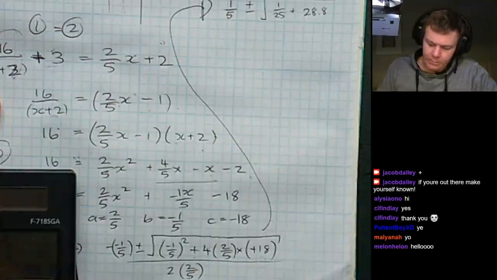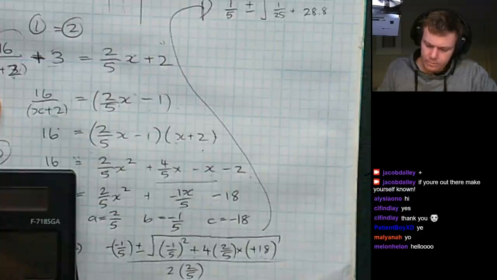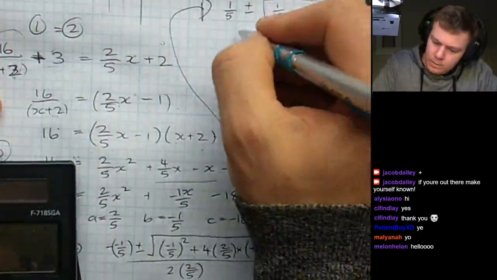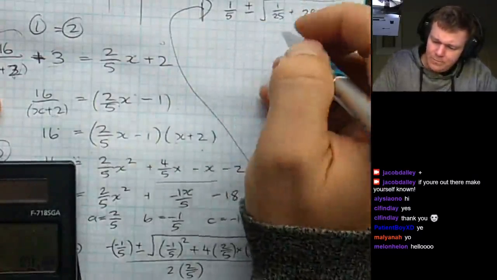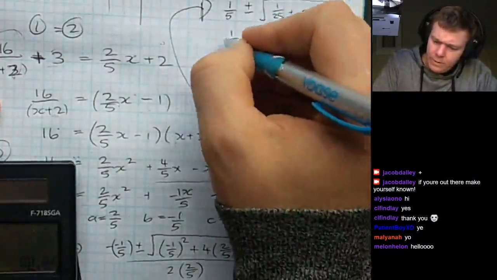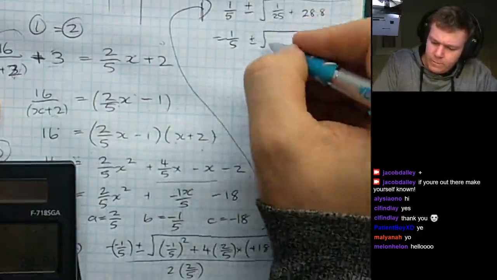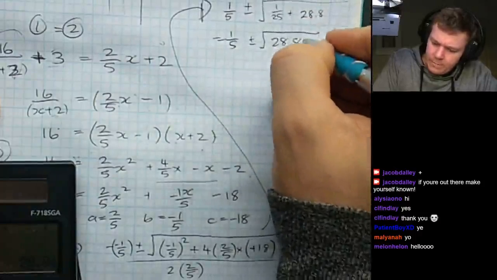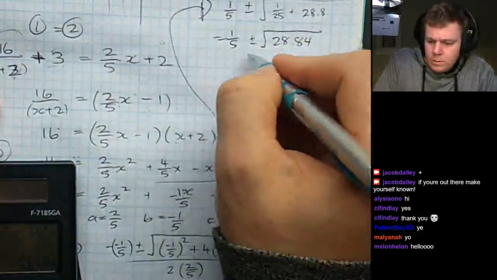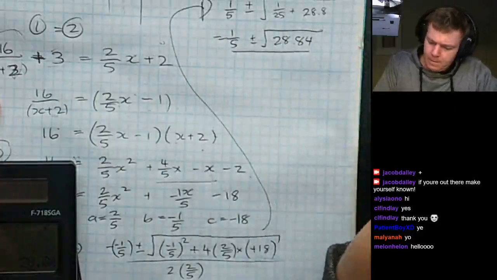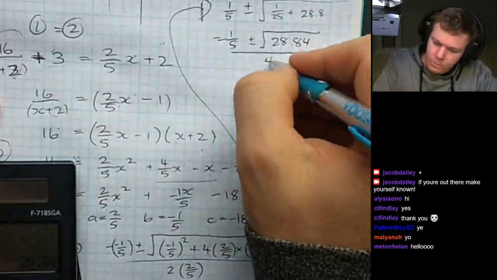So really this is 1/5 plus or minus the square root of 28.84, divided by 4/5.